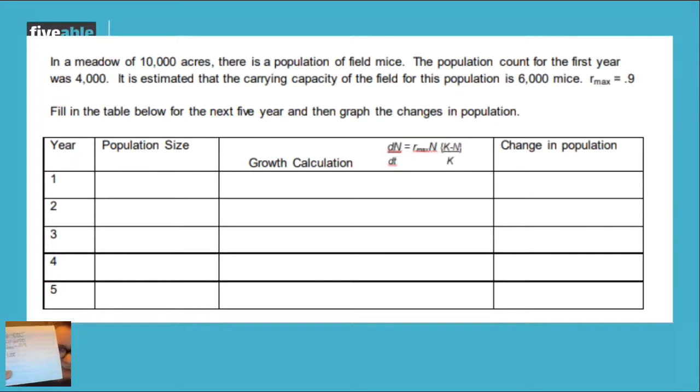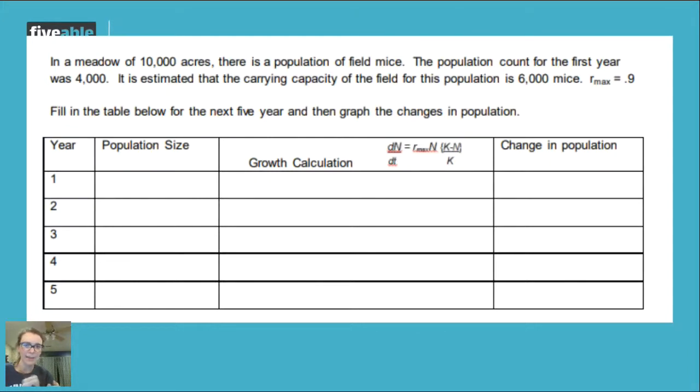So our population is 4,000, and we want to see how much it's going to increase over the first year. Okay, so what we need to do is just plug and chug. So I'm using the formula. You can see it on the table right in front of you. So 0.9 times N, our population size, which is 4,000.